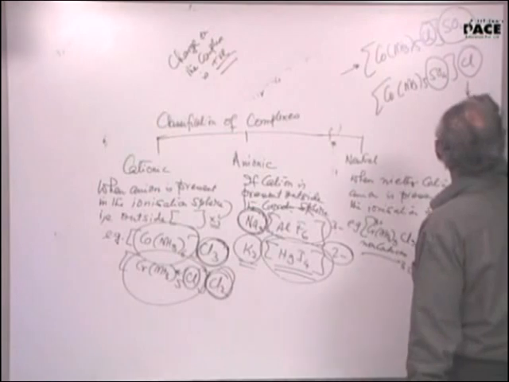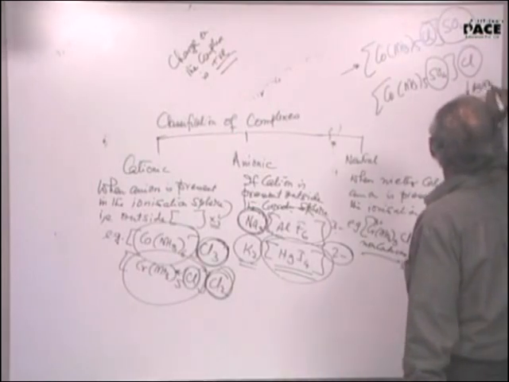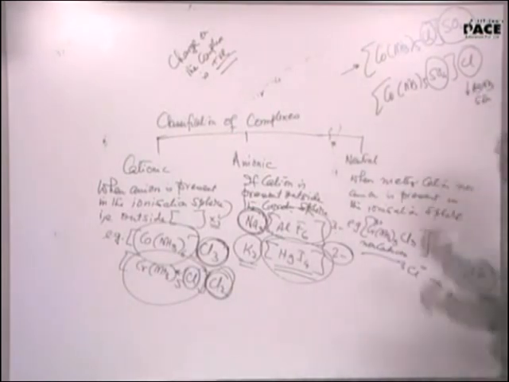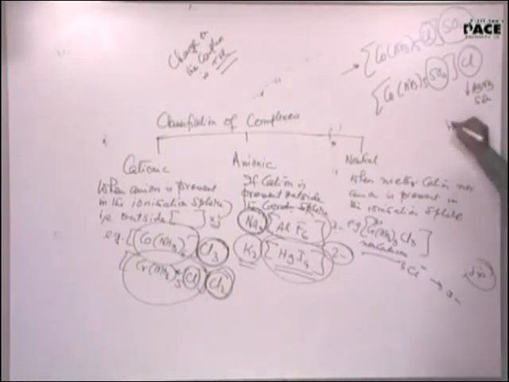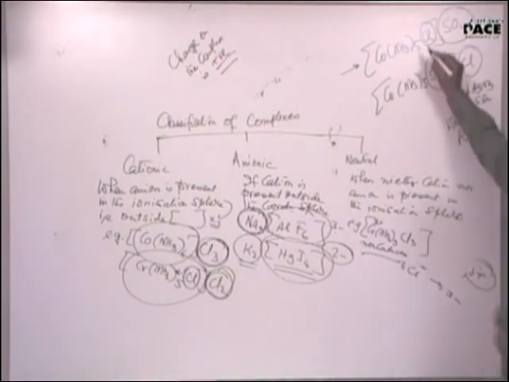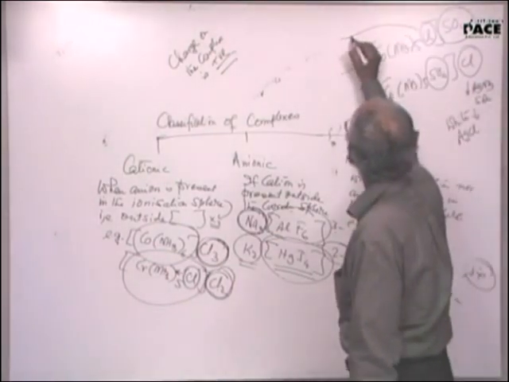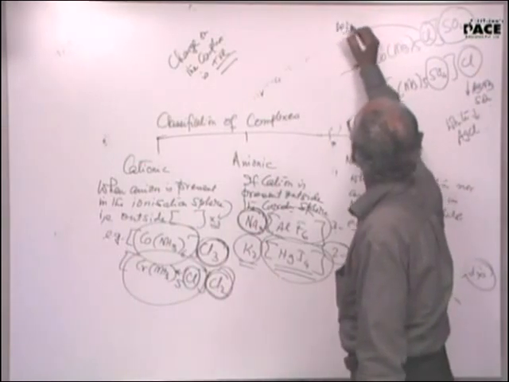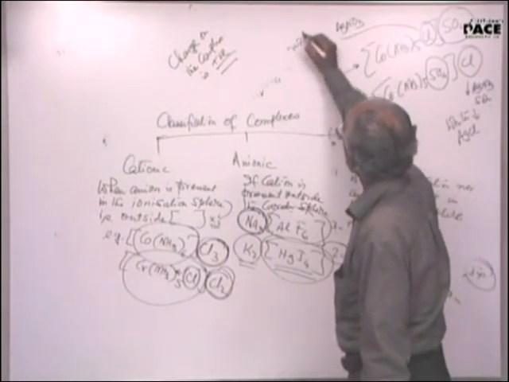If you add silver nitrate, you will get a white precipitate of silver chloride, AgCl. But if you add silver nitrate here, no precipitate.